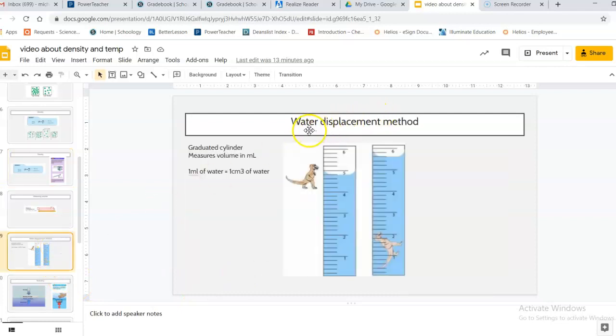And that something else is called the water displacement method. Okay? In order to do that, we need a couple things. We need some sort of measuring device, which in lab we call a graduated cylinder, where each of those numbers represents mLs or milliliters. You need to remember for water, because we're doing the water displacement, 1 milliliter equals 1 centimeter cube.